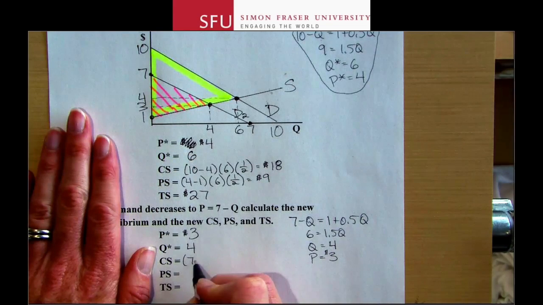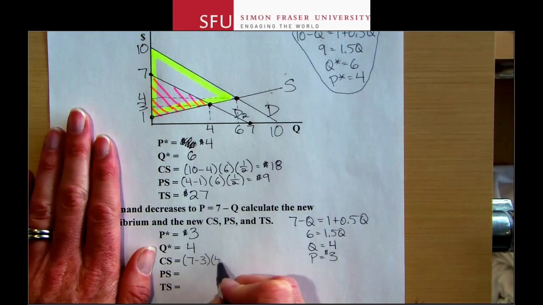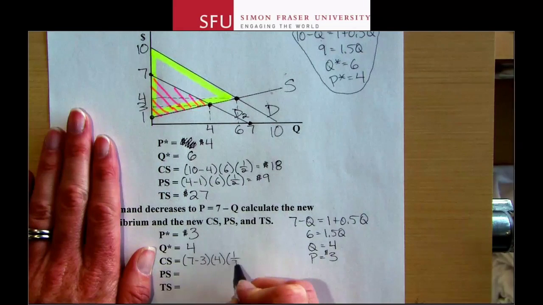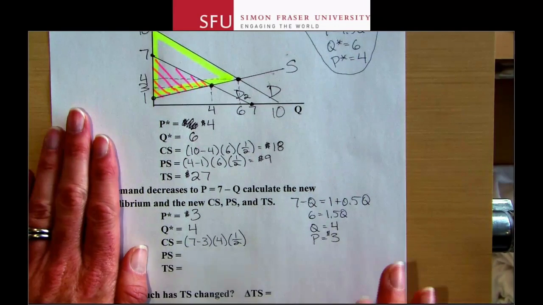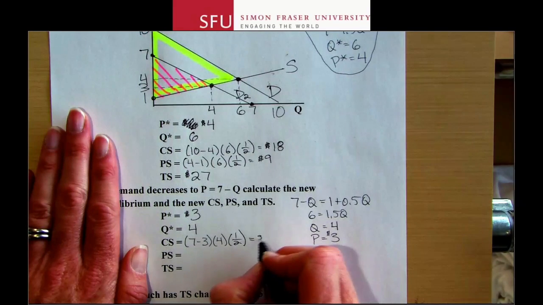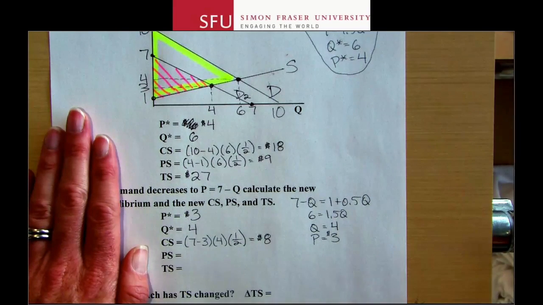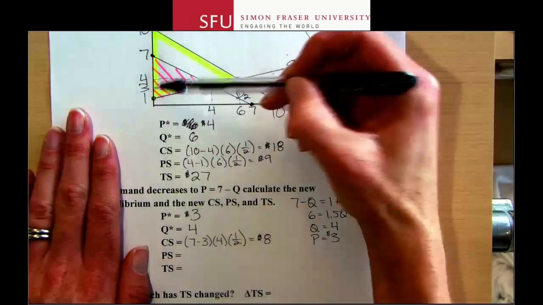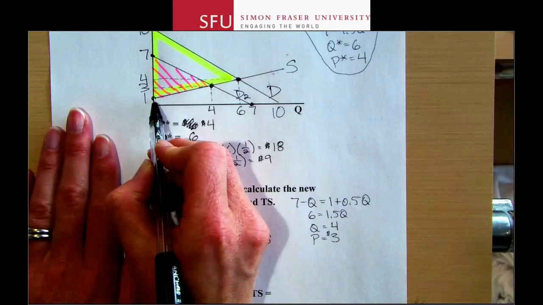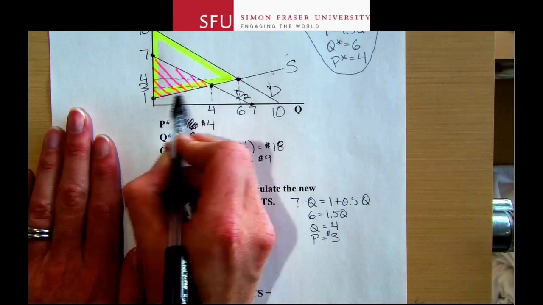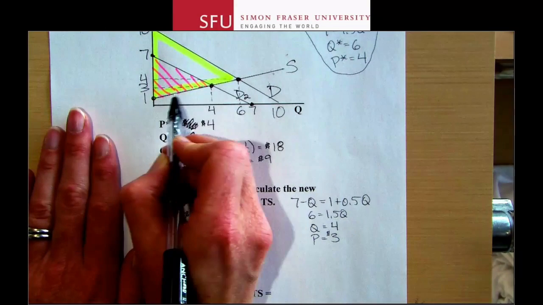So 7 minus 3 times 4. So $8. And then the producers, they're getting the lower part below the price, so from 3 to 1 over to 4. So that will be the producer surplus.